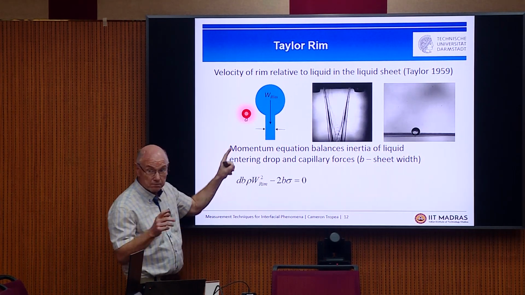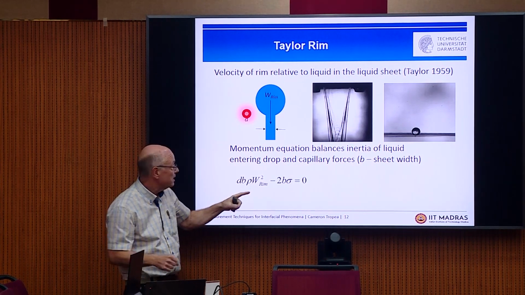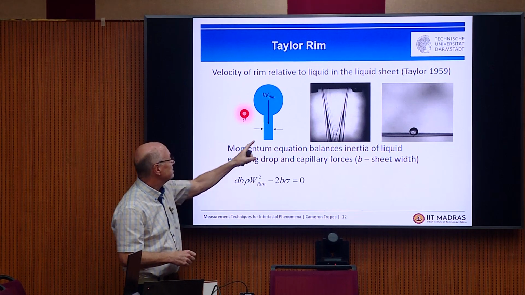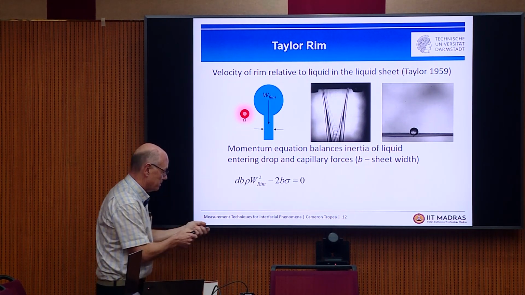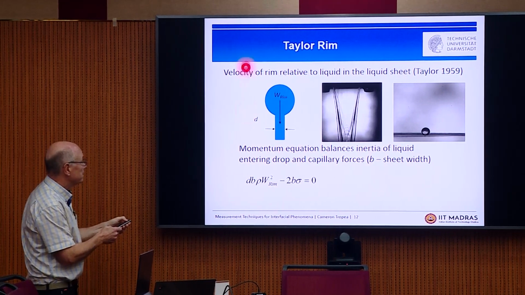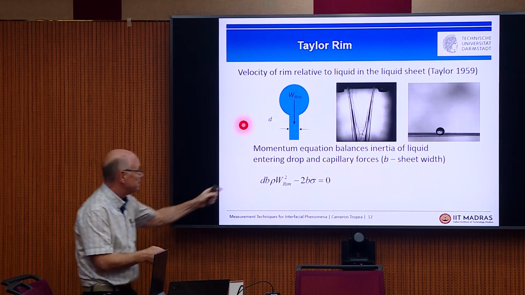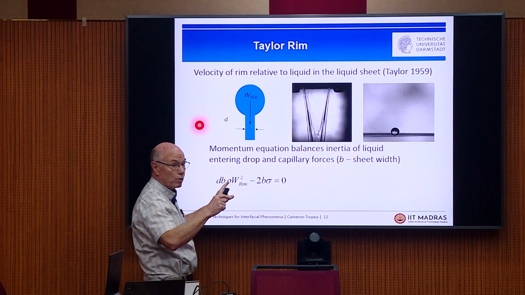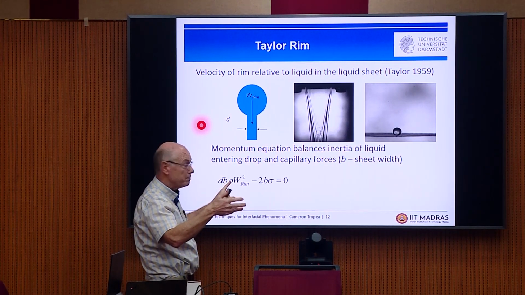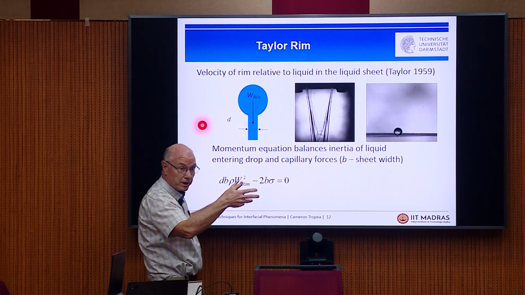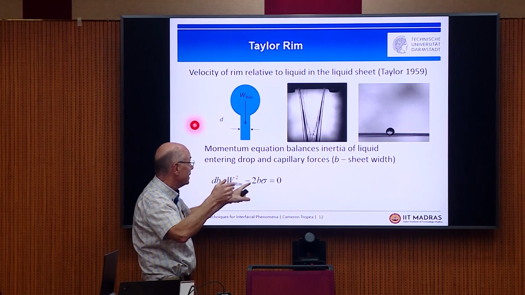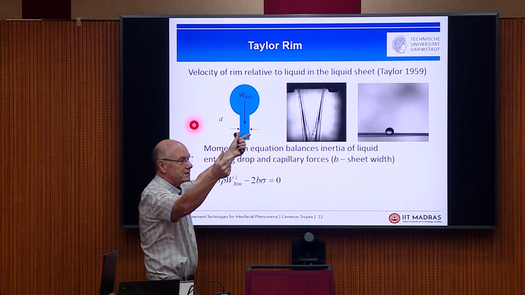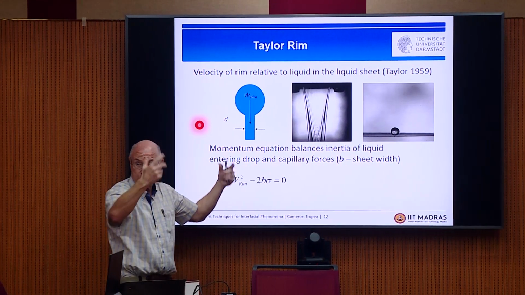So it's a force balance. D is the diameter, times B, times rho, so that's m, times velocity squared. M velocity squared is our momentum, and that must be balanced by two sides times B times sigma. That's the force holding it together.